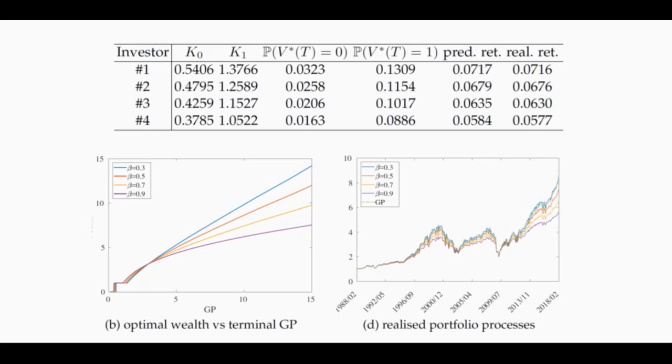And the realized wealth for investors, given the realized GP, is such that the investor with the most subjective view realizes more terminal wealth, because he believes in the market growing fast, and his subjective view put more weight on the scenario where the market is bullish, which turned out to be the case for the realized GP S&P 500 for the last 40 years.